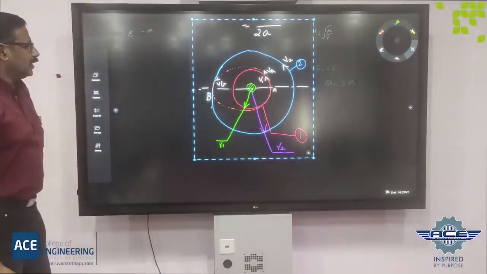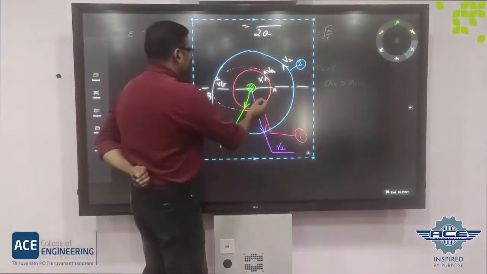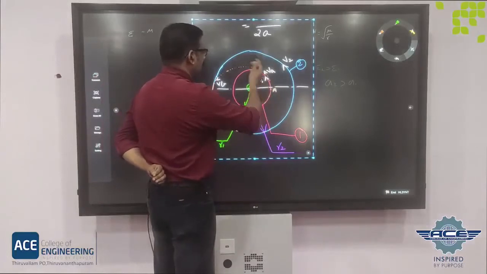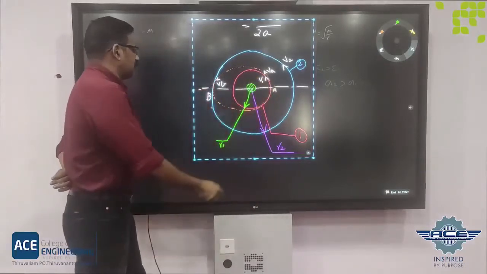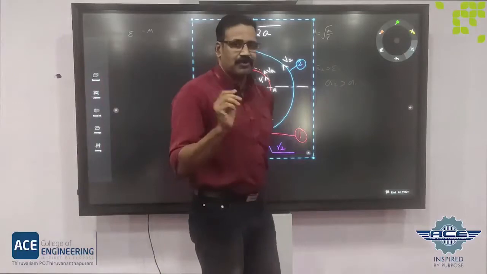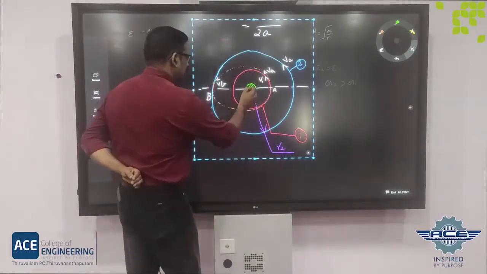Orbit 1 and orbit 2 have a common focus, as indicated here.